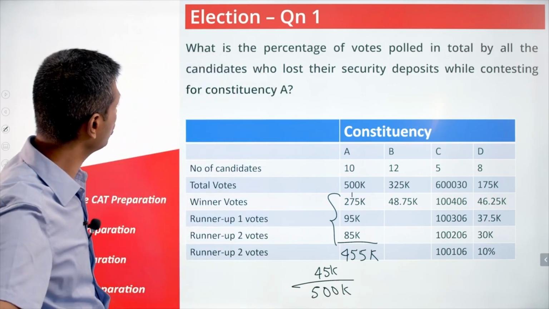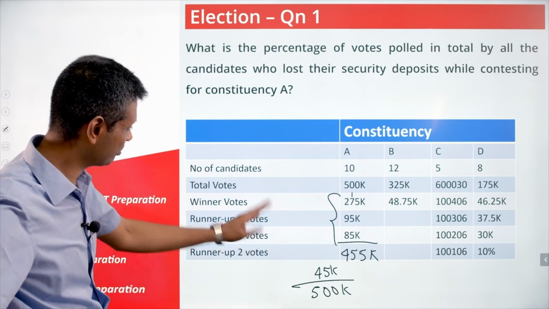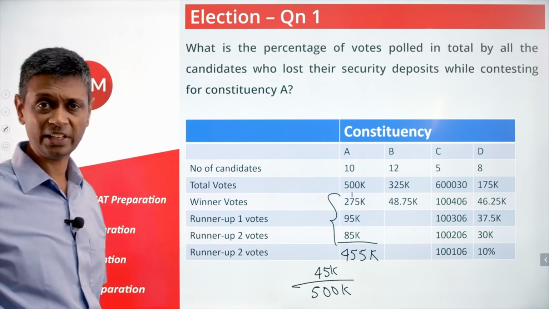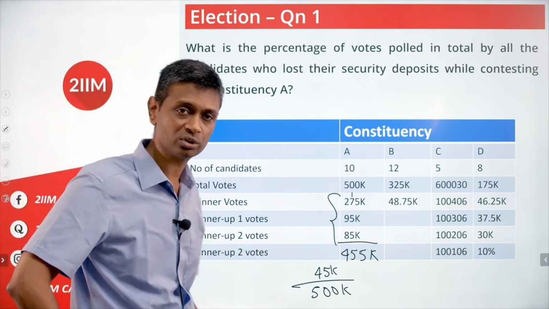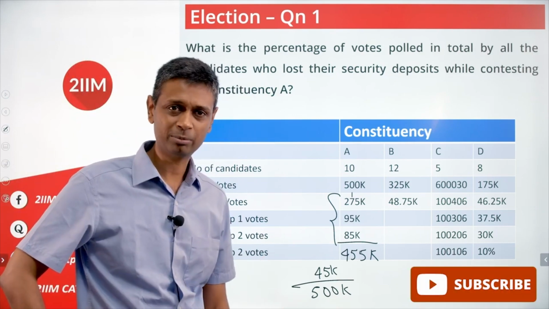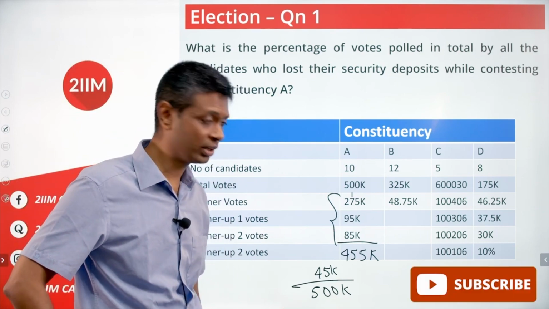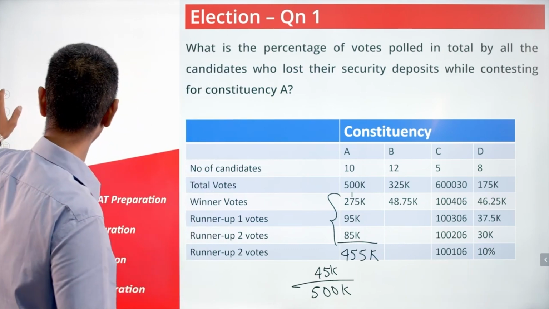So all candidates below this, leaving out the top 3, the remaining 7 candidates put together polled 45,000 votes out of 500,000, that is a percentage. 45 by 500 into 100, 45 by 5, 9%.